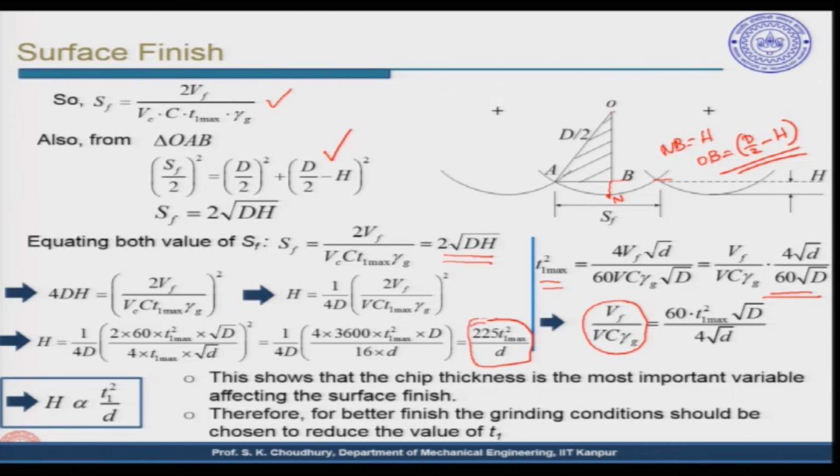Do not bother about this value because it is a constant, and then we can say that H is proportional to T1 square divided by D.